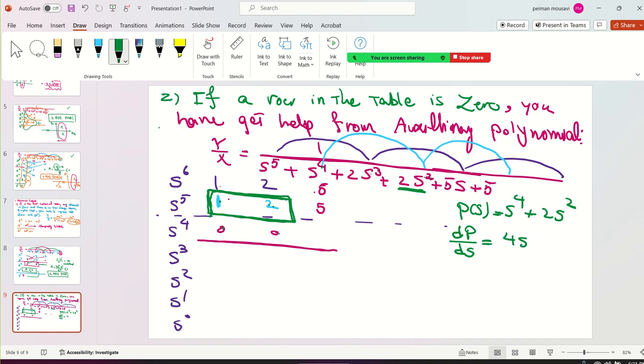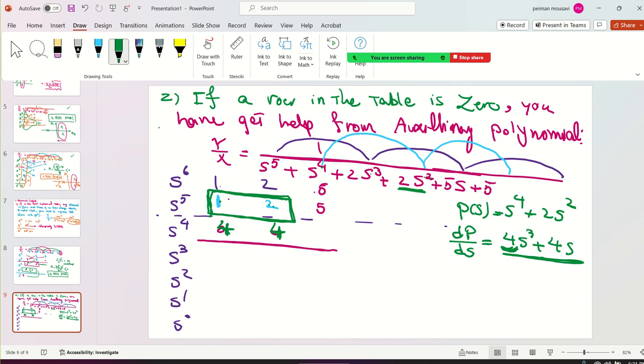It's gonna be 4s cubed plus 4s. You're gonna put the coefficients here, guys. Gonna be 4 and 4. You got it? Now you can continue.